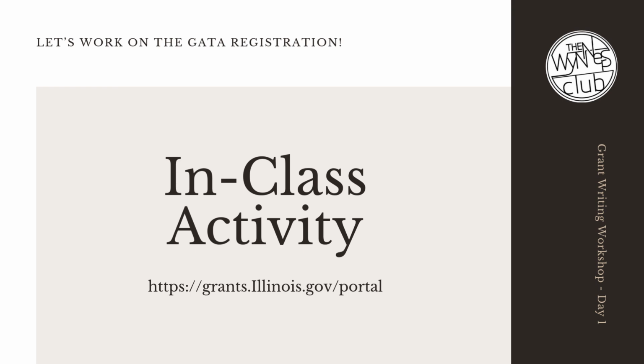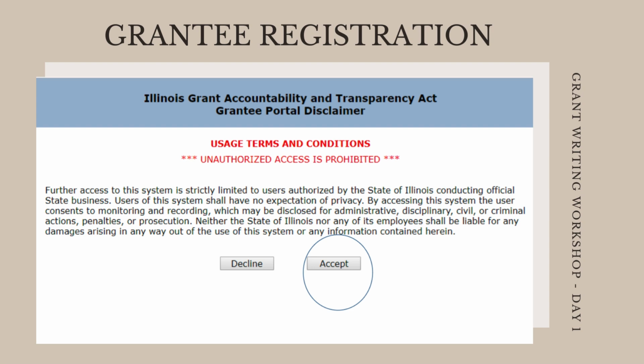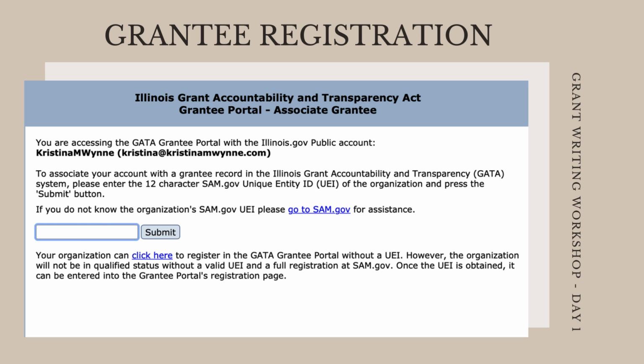It's going to take you back to this page here, but this time you're going to hit sign in here. Once you hit sign in, you'll go ahead and hit accept, and then it is going to take you to the registration page where you will put that sam.gov UEI number in and hit submit.